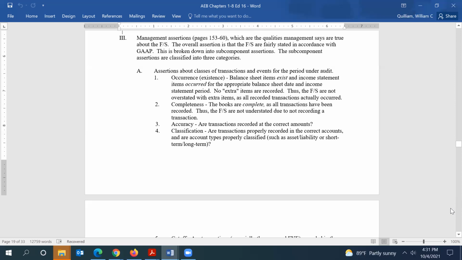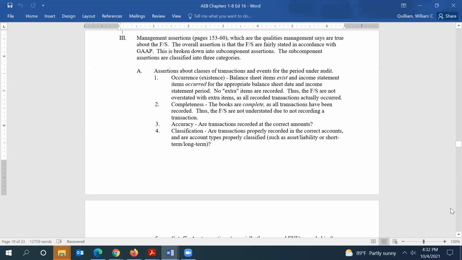Now, the first list of assertions are about classes of transactions and events for the period under audit. So we're thinking about individual transactions, individual events. What kinds of things will management say are true about them? First is occurrence or existence.